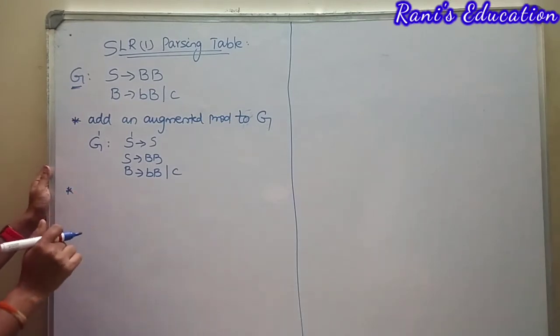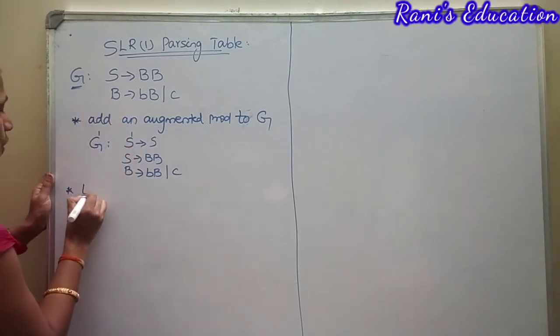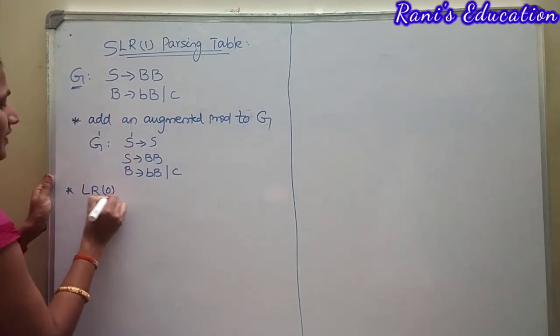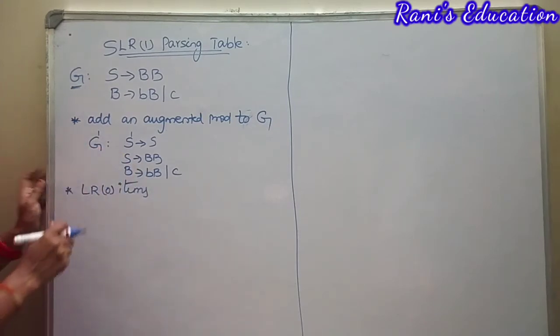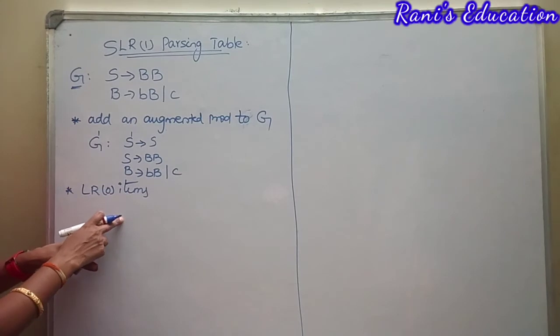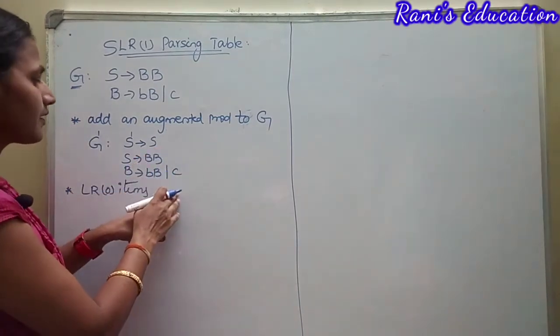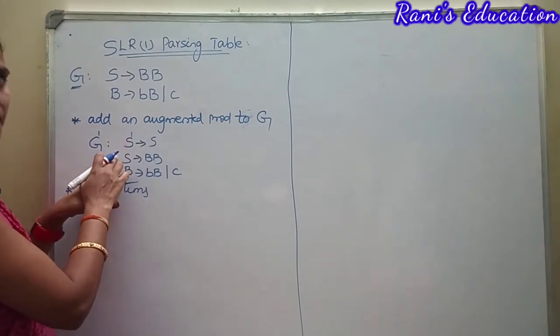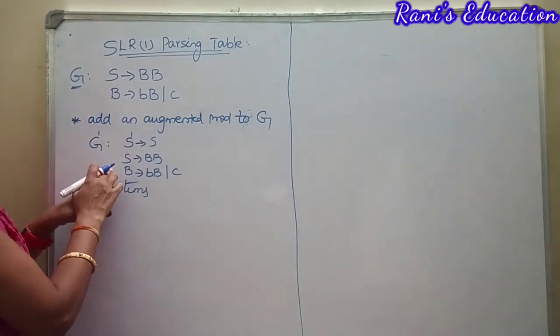We need to compute the canonical collection of sets of LR(0) items. How do we compute LR(0) item sets? This is very easy. First we have to identify how many productions are there in the augmented grammar.